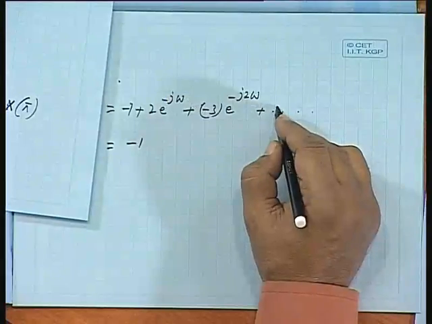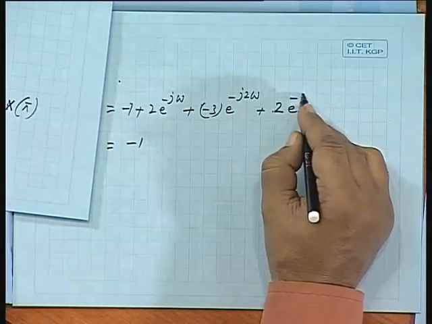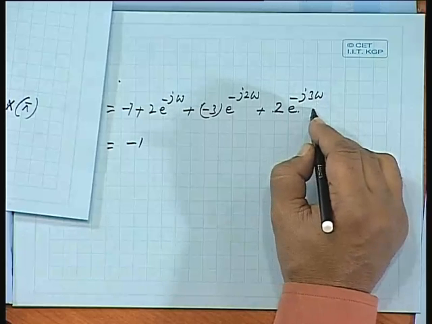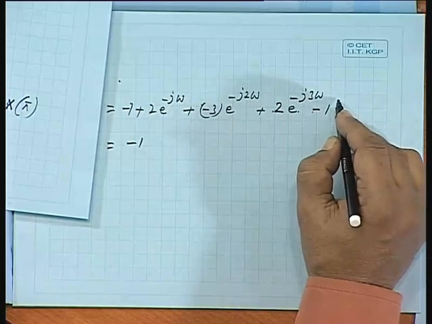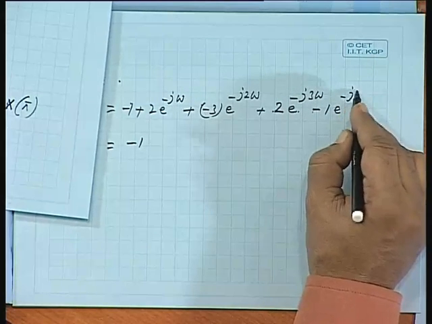What will be the angle of this? Let me write this completely. Minus 3 into e to the power minus j 2 omega, then plus 2 into e to the power minus j 3 omega, minus 1 into e to the power minus j 4 omega.